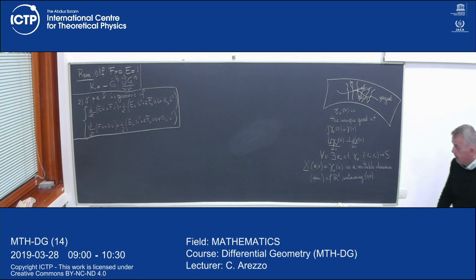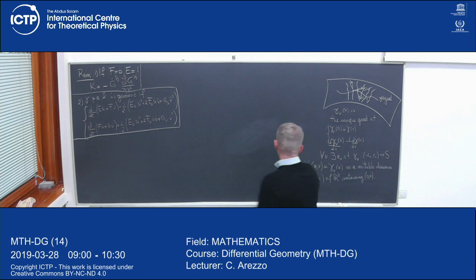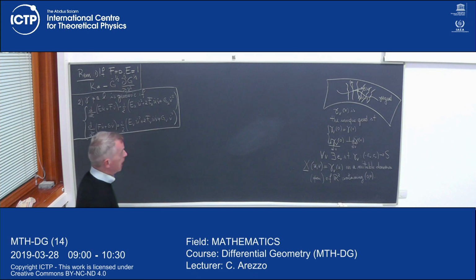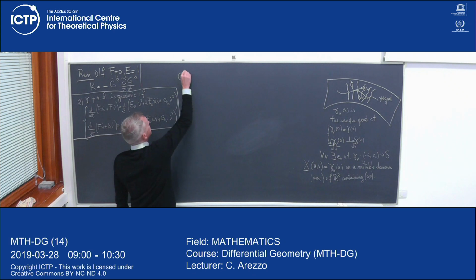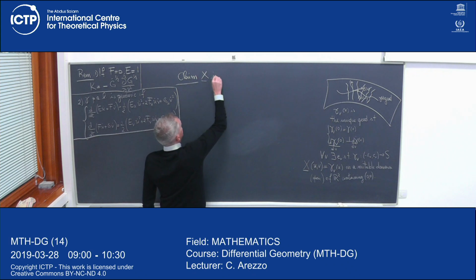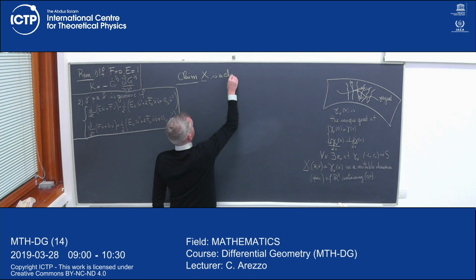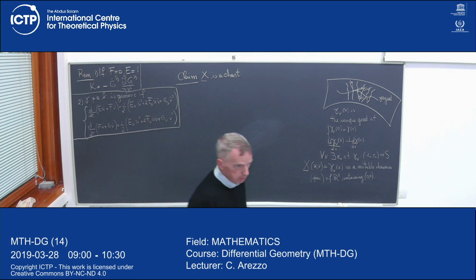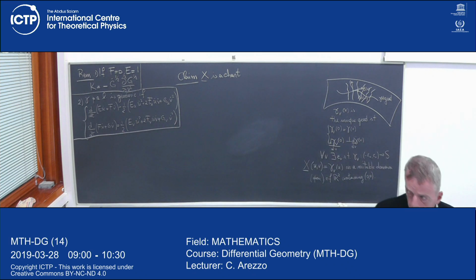And later the answer has to be yes, at least for small values of U and V. So claim: X is a chart, possibly by restricting the domain. Why is that true?